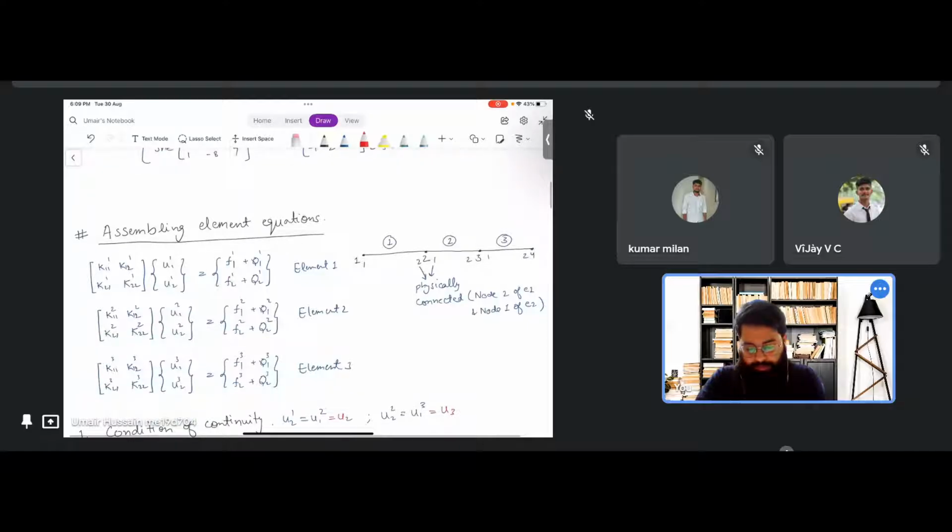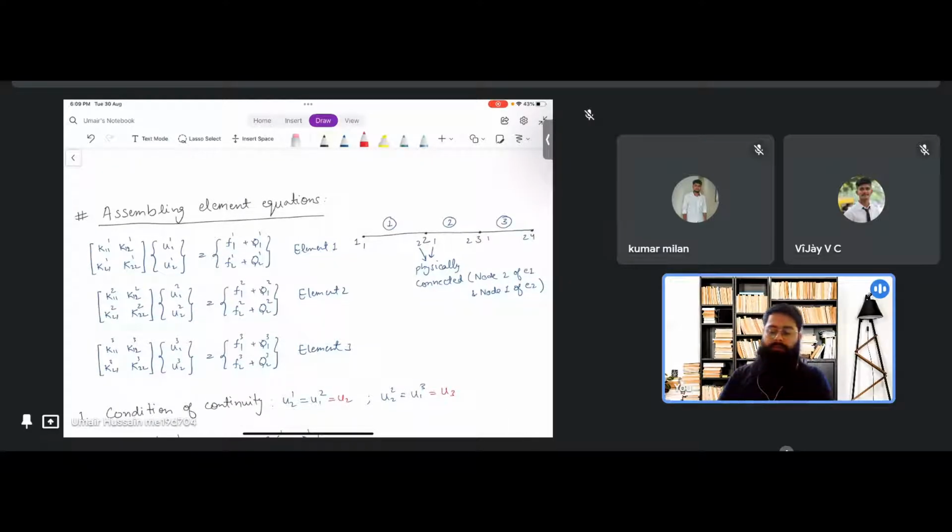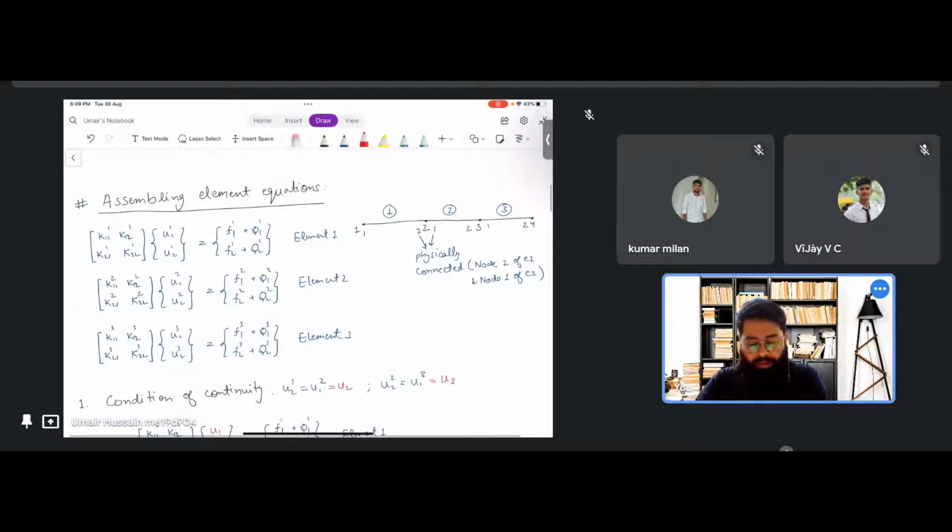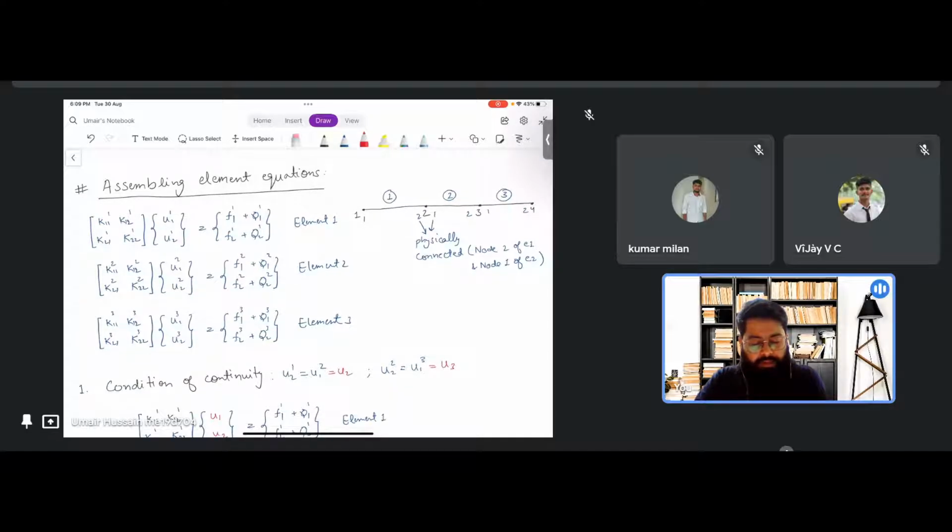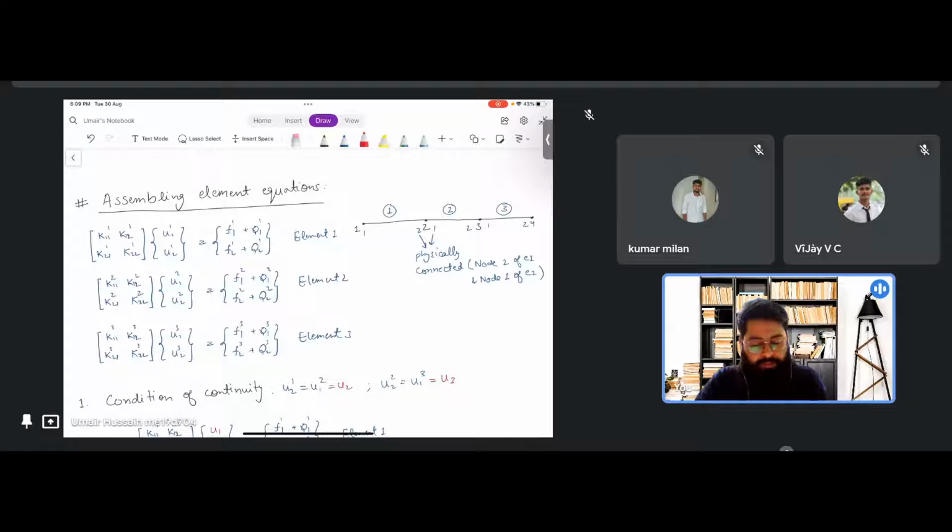Then we had to study the assembling of elemental equations. Suppose we have a domain in the form of this here, and we discretize it into three elements, this one, two, and three, so in total we'll have four nodes if we take linear elements.